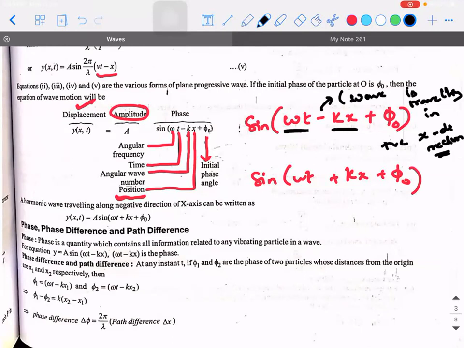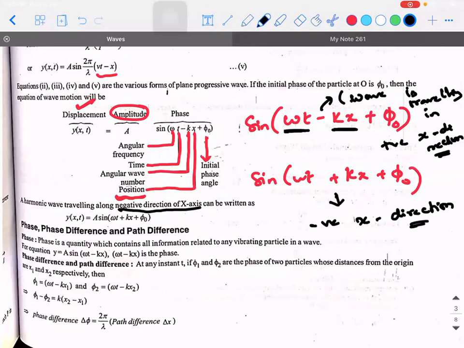If between omega t and kx there is a minus sign, then the wave is traveling in positive x direction. Please make a note of this. If there is a plus sign, then it is traveling in the negative x direction. As I told you, it is all because of the way it is derived.